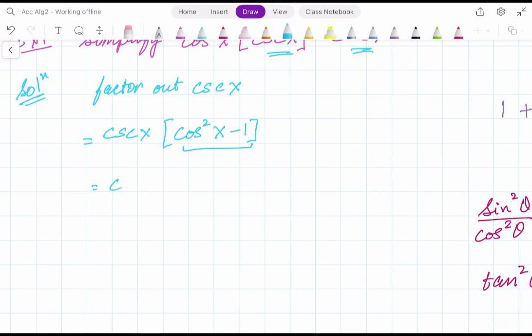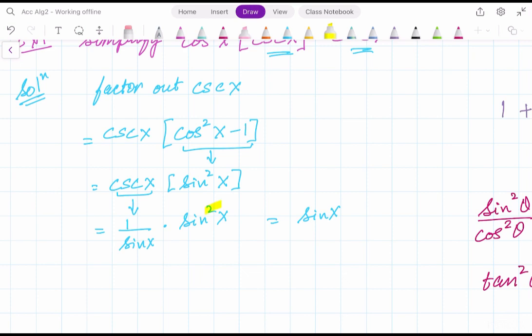Because sine squared theta plus cos squared theta is equal to 1, cos squared theta minus 1 will be negative sine squared theta. And I know cosecant is nothing but 1 over sine, so we can rewrite 1 over sine x times sine squared x. Now sine squared x implies sine x times sine x. So one sine x will cancel out. The only answer that is left is sine x.